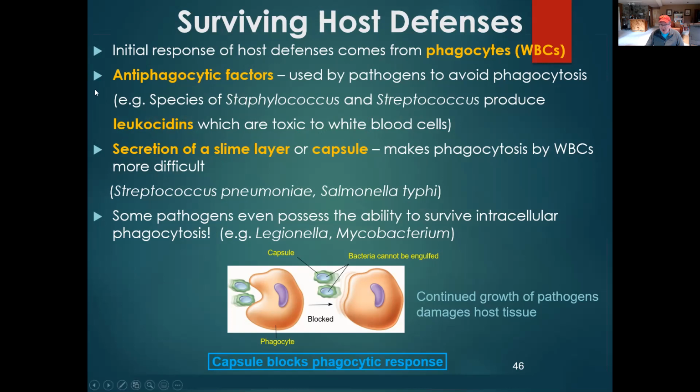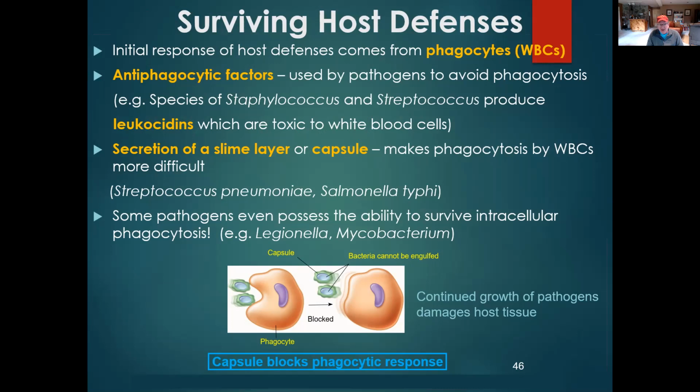We've also talked earlier about how some bacteria produce capsules, or perhaps a slime layer, both of which make phagocytosis a heck of a lot harder by neutrophils and macrophages and other phagocytic white cells. Strep and Salmonella are examples of cells that produce these structures.